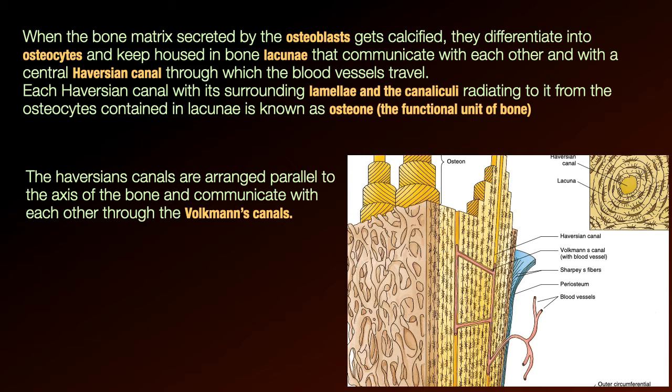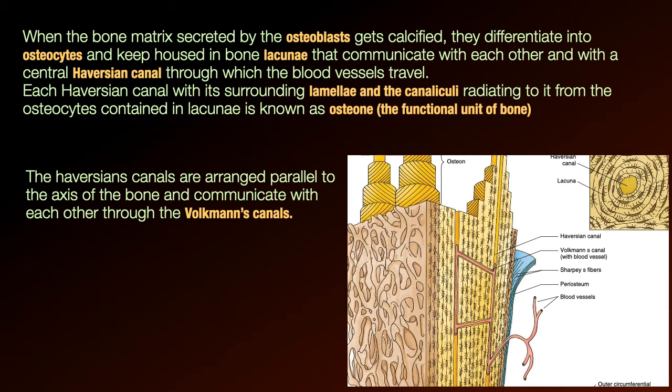These circles of bone are named lamella, and they have canaliculi radiating from every osteocyte and connecting one osteocyte to the other, and with the Haversian canal in the center. This cut tree structure is known as an osteon.